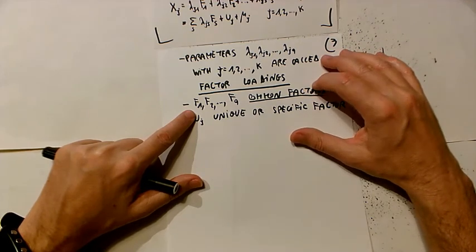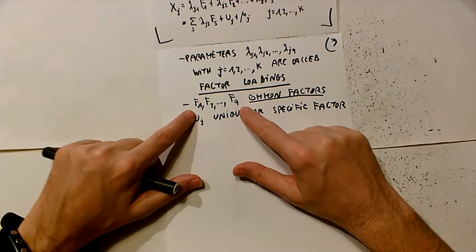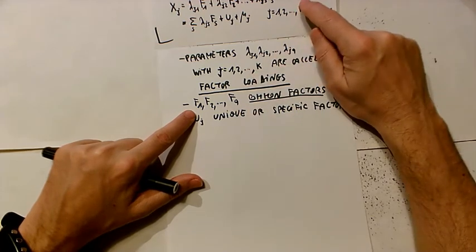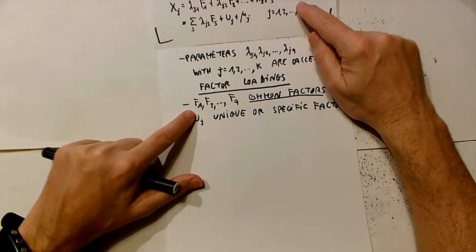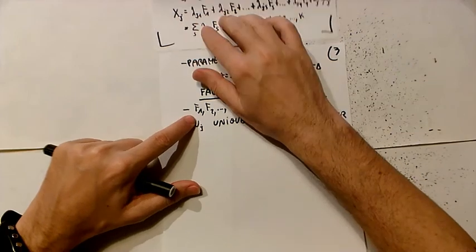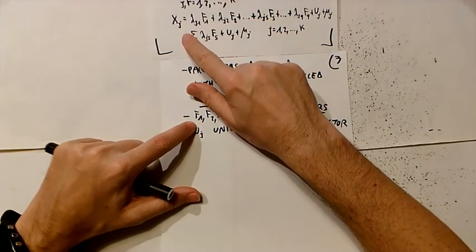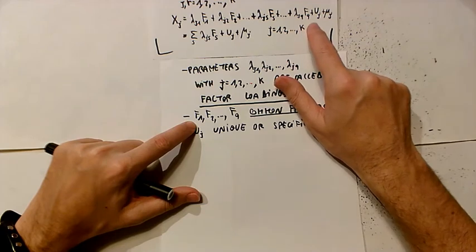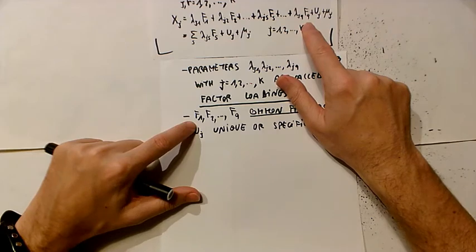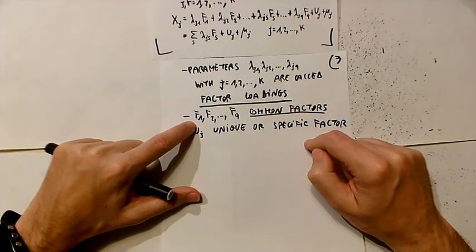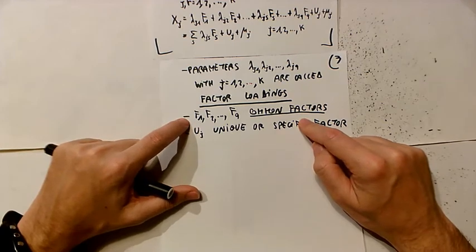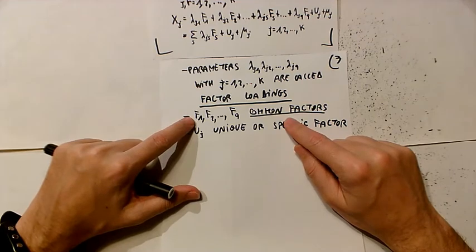They are called common factors because f1, f2, fq are included in all the equations. We have k different equations, one for each observed variable, but all the q common factors are present in all these equations. This is why they are called common factors. All the response variables are explained as a function of these q new variables.